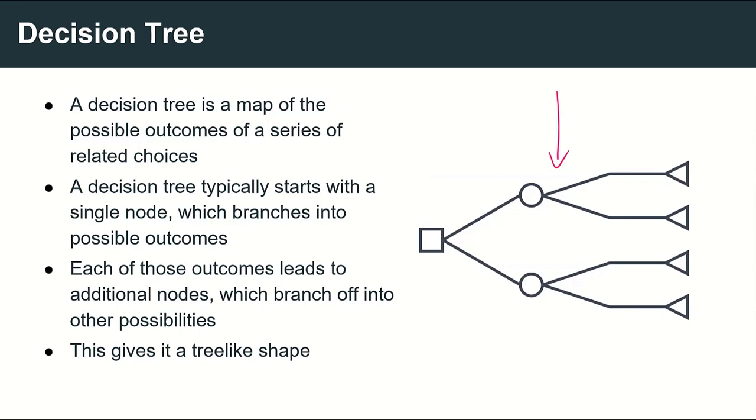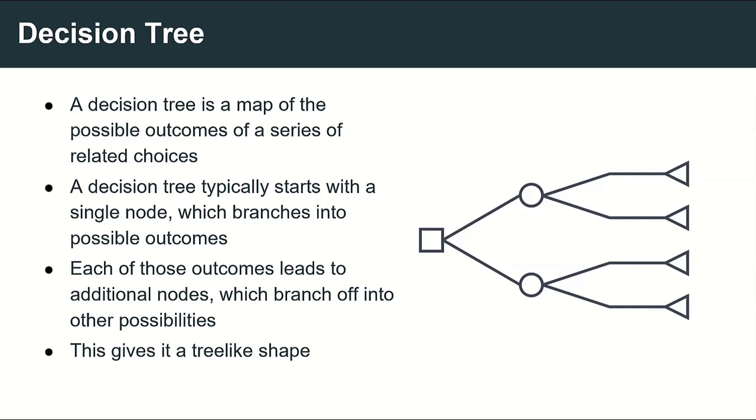And then after it starts, it branches into possible outcomes. So starting here, there are two possible outcomes. And then each of those outcomes will lead to additional nodes. And if there's more process, it could also branch further on. So those are different branches. And then, as I mentioned, if you rotate it to the left, it's a tree-like shape.